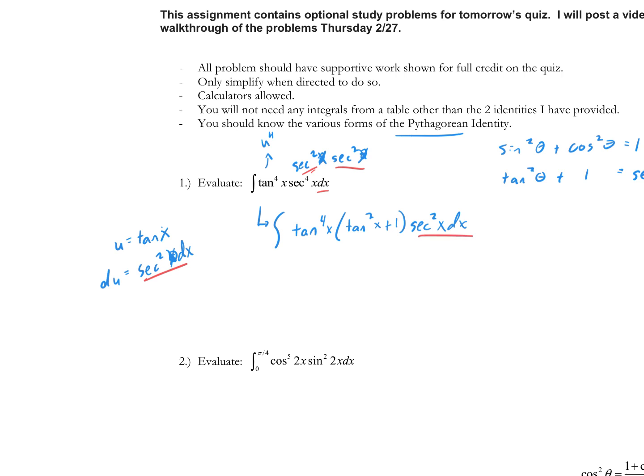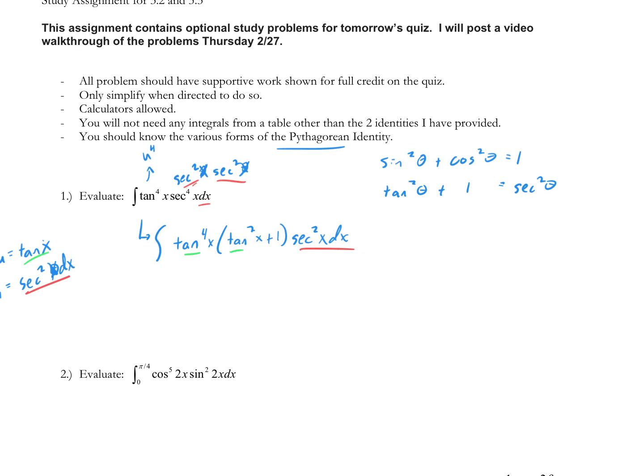So this becomes du, and all of the tangents are rewritten as u's. So now we make our substitution, and everything is just going to be u's. We've got a u to the fourth, we've got a u squared plus 1, and we have a du.